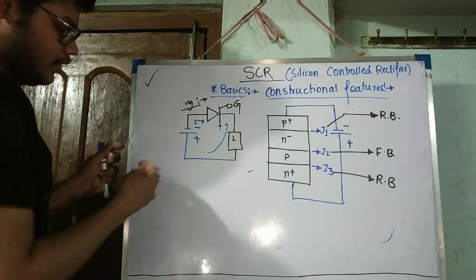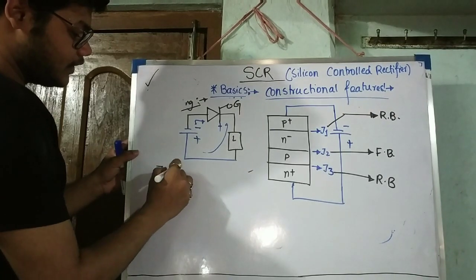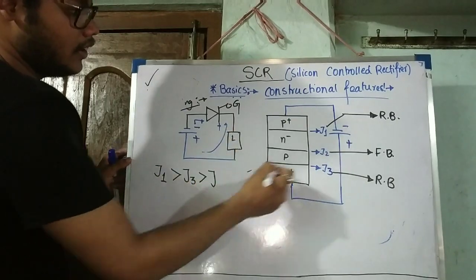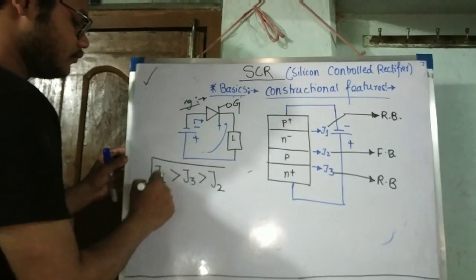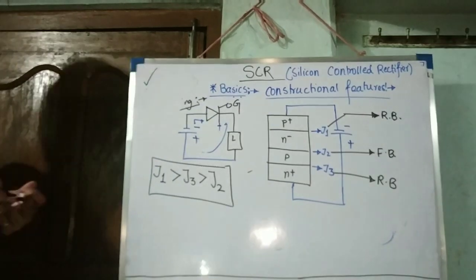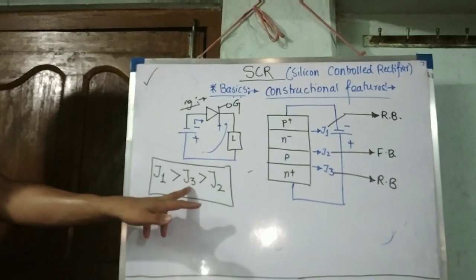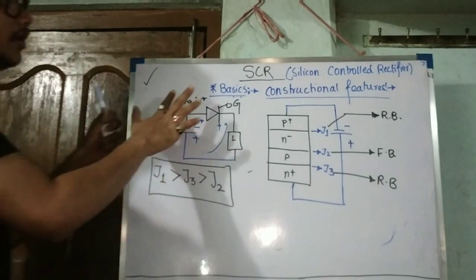And you know, the depletion width of J1 is more than the depletion width of J3, which is more than the depletion width of J2.